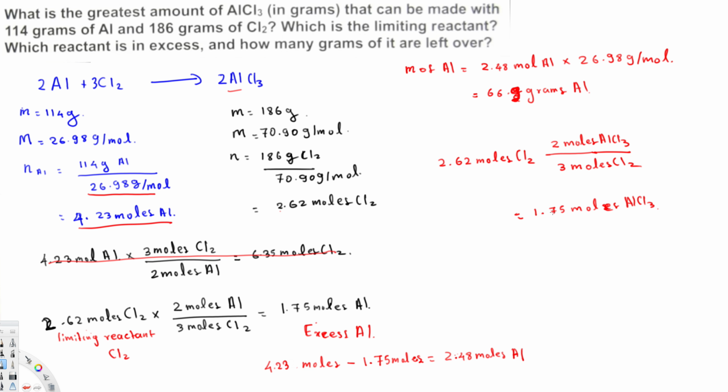Then you have to convert this into grams to answer this question, because they are asking in grams. To convert this, we have to know the molar mass of AlCl3. And if you calculate, the molar mass is going to be 133.33 grams per mole. 133.33 grams per mole is the molar mass of AlCl3. Now to find the grams, we simply have to multiply this mole by this molar mass, and that will give you the mass.